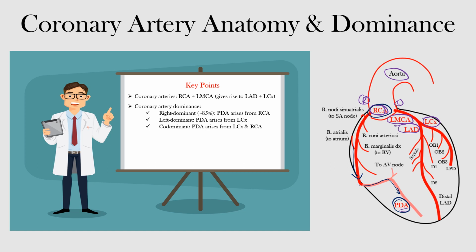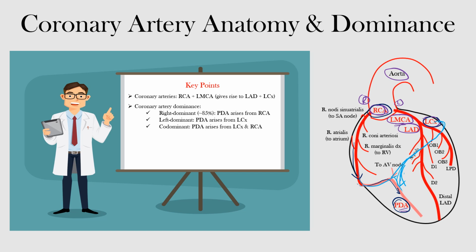In a left dominant system, we would have our left circumflex, and imagine we have some vessels that come around the back side of it, and they would supply our posterior descending artery. If our PDA arises from the left circumflex, we call that a left dominant system. And then in some cases, you can have it coming from the left circumflex as well as the right coronary. If both are supplying it, we call that a codominant system.